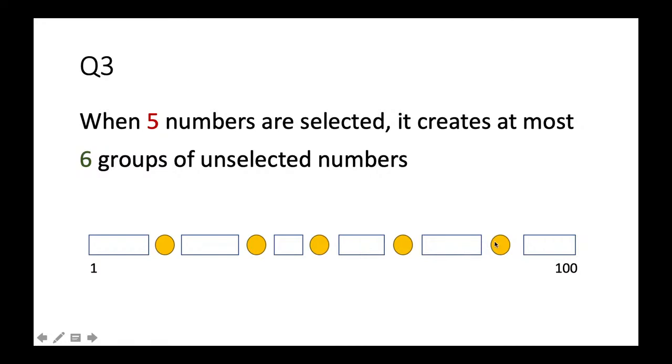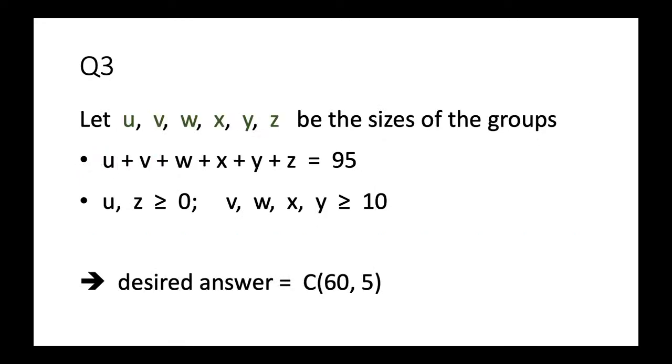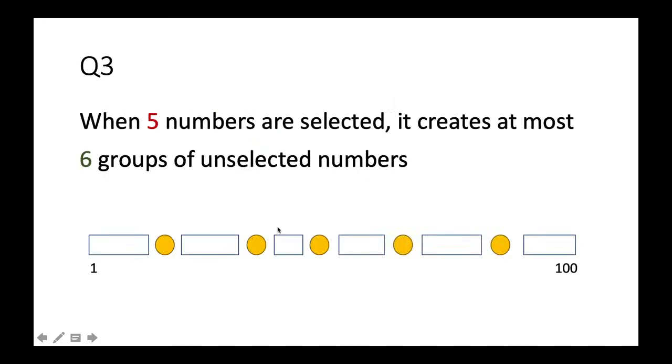For the first group and the last group, we don't have any restriction, so u and z are at least 0. But for the in-between groups v, w, x, y, any one of them should have at least 9 numbers.